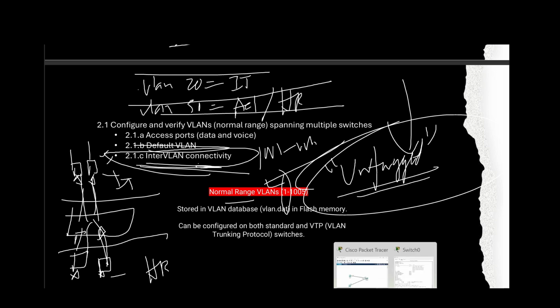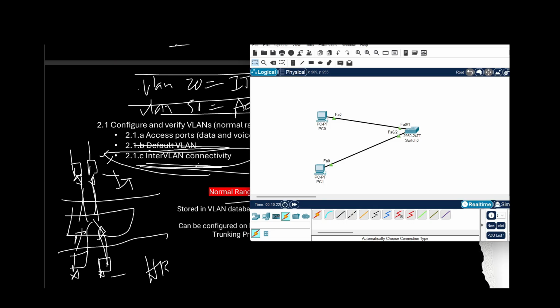So for our case, we're going to create VLAN 20 for IT, then VLAN 120 for voice, but still IT. And for this one, we're just going to use VLAN 30 for HR. But let's not go into more detail about the voice because we're going to focus on the VLAN itself. We need to make sure that there will be connectivity.